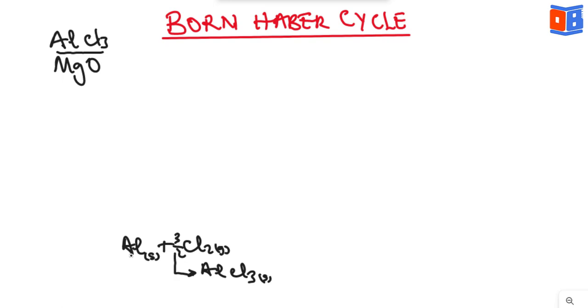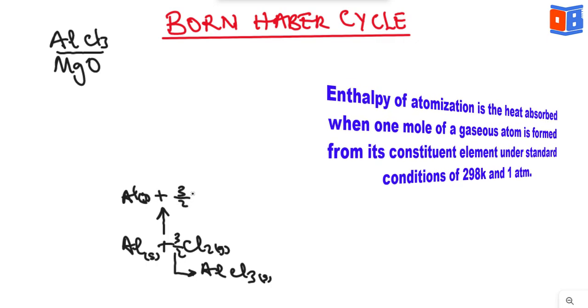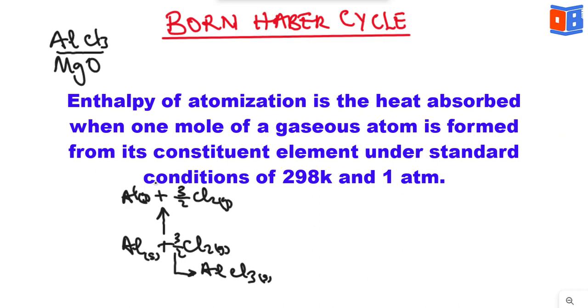So aluminium is solid, so it can be turned to gas by atomization. When we atomize aluminium, we're going to obtain aluminium gas plus chlorine. And after that, we can also atomize chlorine.